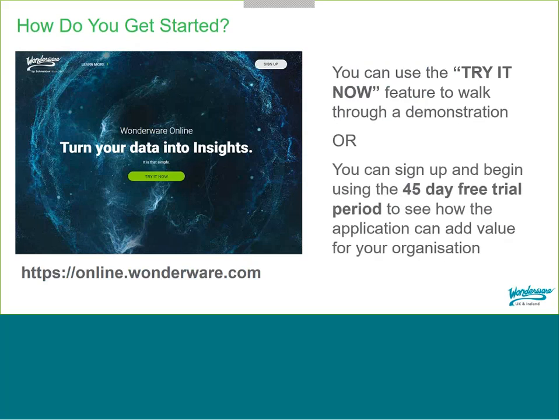Or up in the top right-hand corner, you can select the Sign Up button, where you can begin a 45-day free trial. You can download the Historian Publisher, OI Gateway, or you can start manually creating your production events. So configure your efficiency model, start using Insight Performance, and see what value it can bring to your organization.